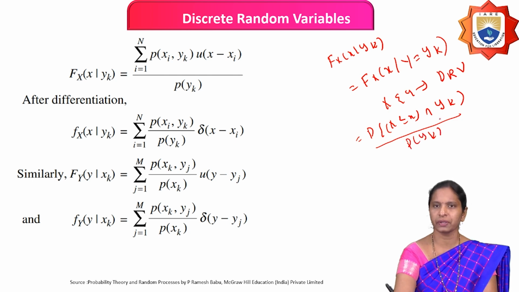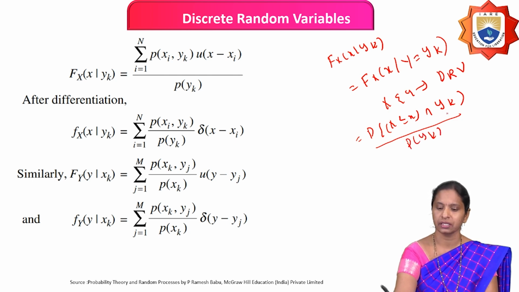Previously I have seen what is FX(x), P(X less than or equal to x). Similarly, FX(x/Y = yk) is nothing but P(X less than or equal to x given Y equals yk). And what is P(A/B)? P(A intersection B) by P(B). So in place of A, X less than or equal to x, in place of B, Y equals yk. Therefore, P(X less than or equal to x intersection yk) by P(yk).